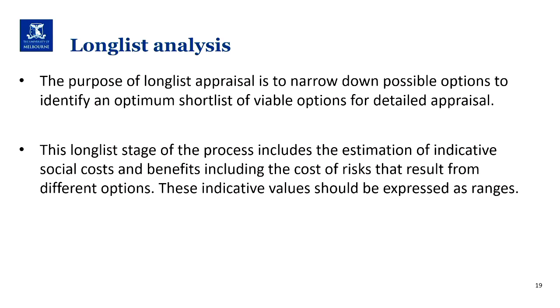Then at the beginning, when you want to come from the long list to the short list, it's going to be a general appraisal of the different options, and it's going to be based on the information available that you have at that moment.